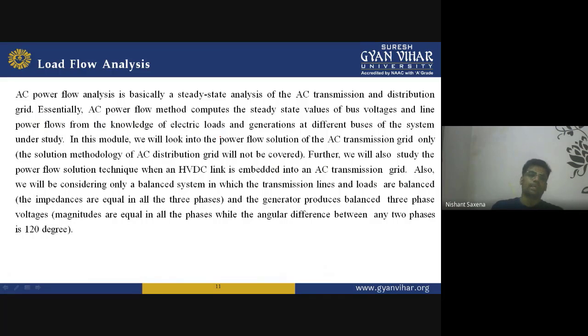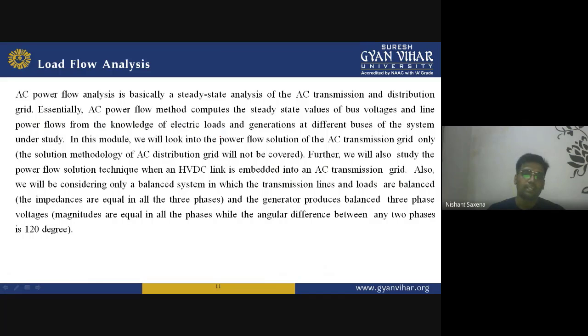Basically, the load flow analysis is nothing but the determination of the voltage magnitude and the angle delta at each bus of the power system. With the knowledge of these voltages and deltas, we will be able to find out the other parameters, that is, the power flow from one end to the other end.